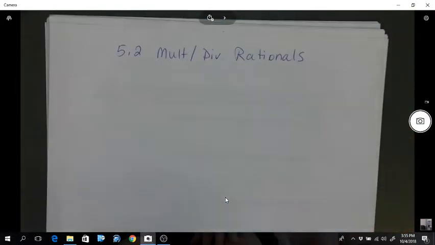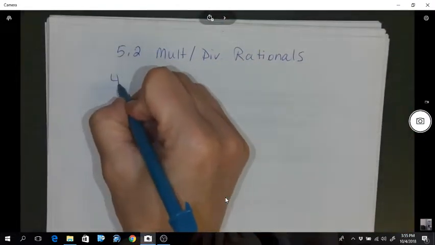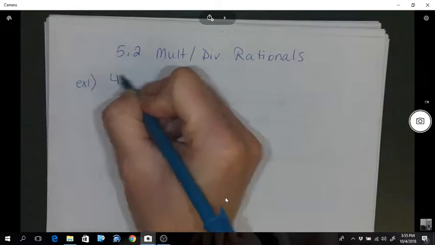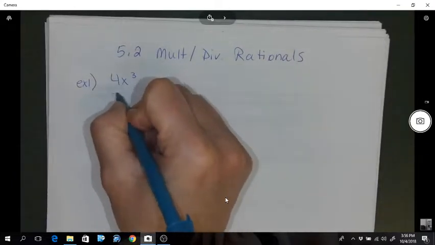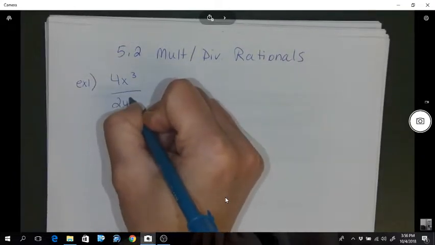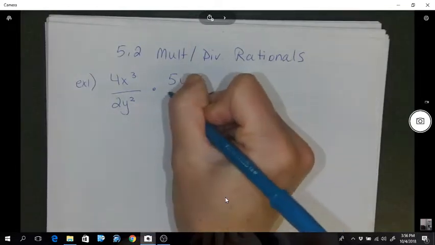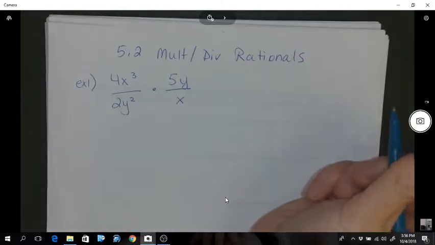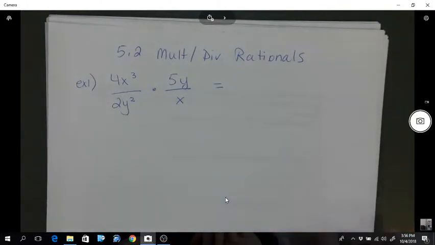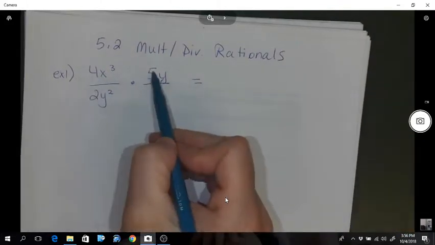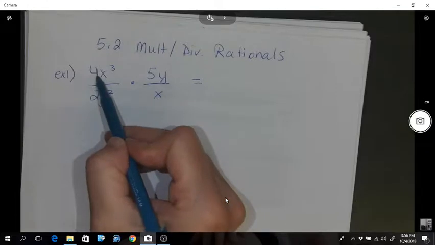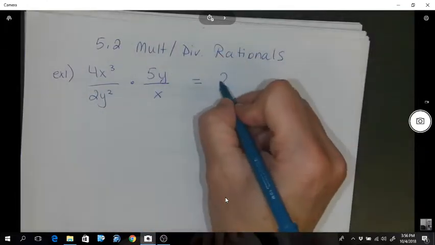Okay, so example 1, 4x cubed over 2y squared times 5y over x. Okay, so let's multiply. In the numerator, my coefficient becomes 4 times 5, 20.